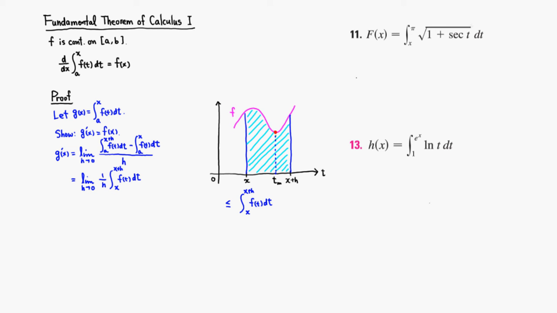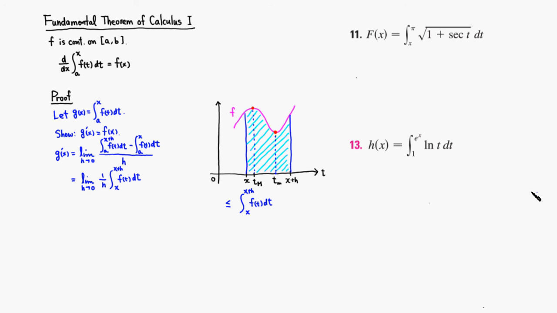And then the largest value is up here, where the maximum occurs at, let's call it, t sub capital M. So t sub capital M corresponds to the largest value, and t sub lowercase m corresponds to the lowest point.